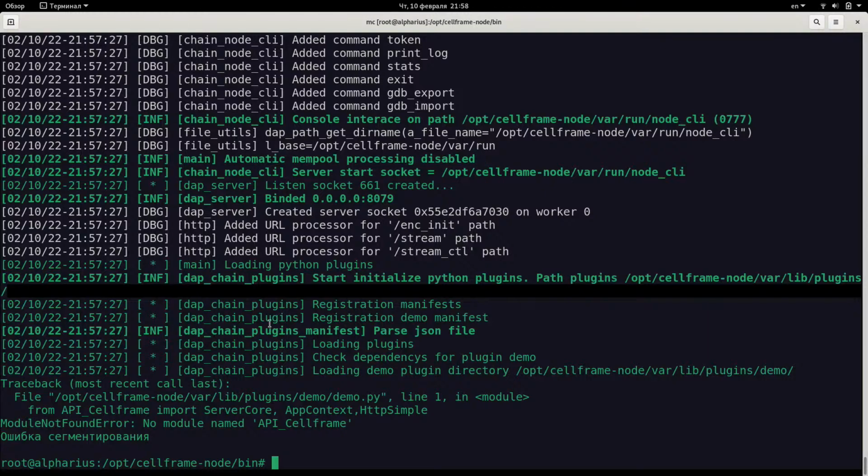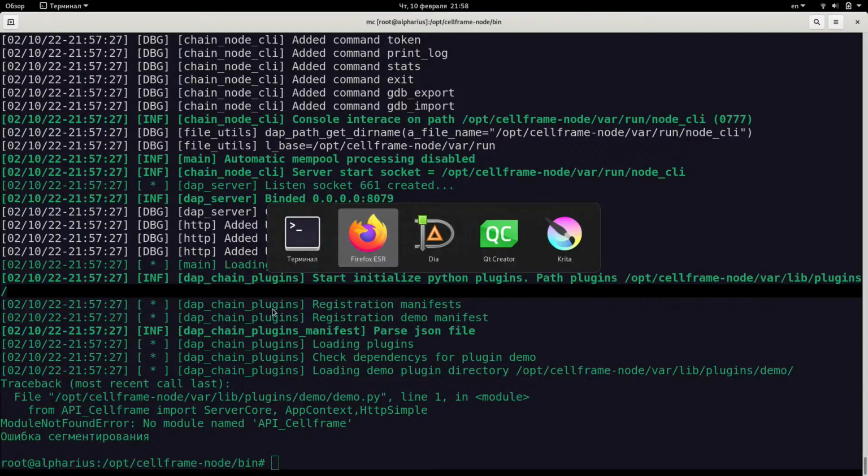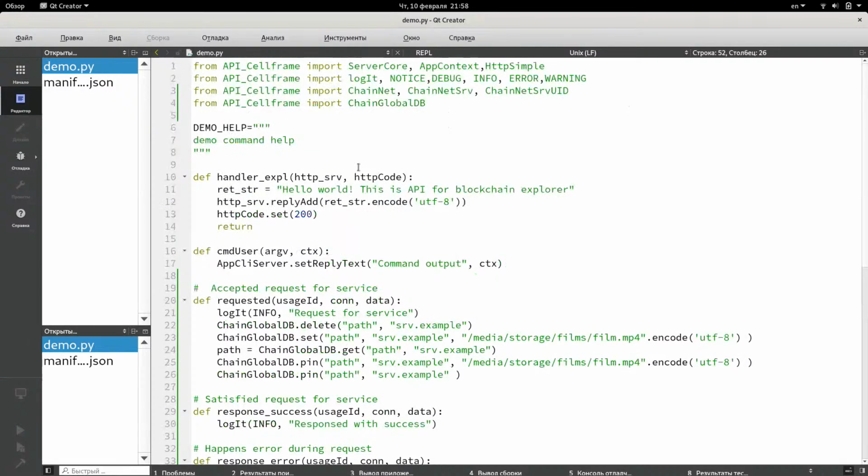Okay, here we see it doesn't see. I don't know why, but it doesn't see API Cellframe. Maybe I was wrong. API Cellframe.